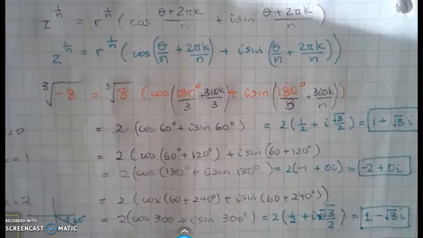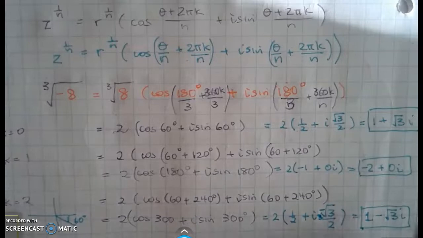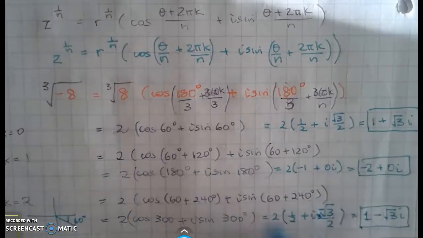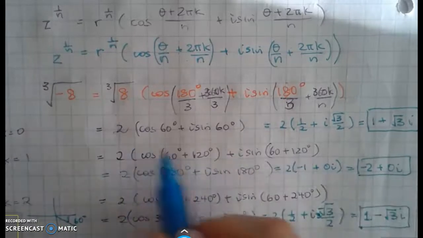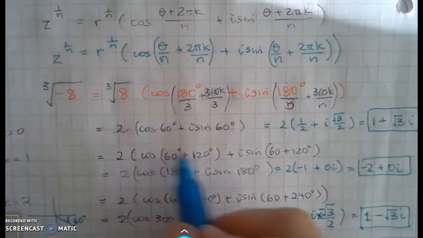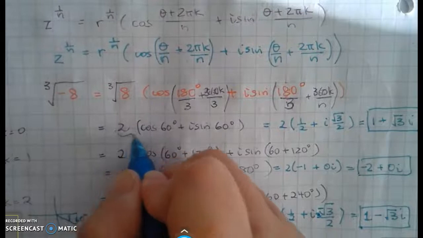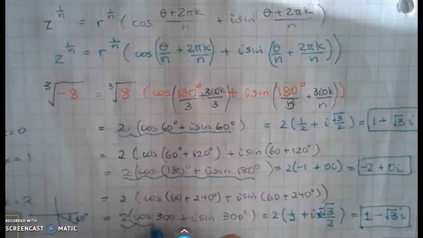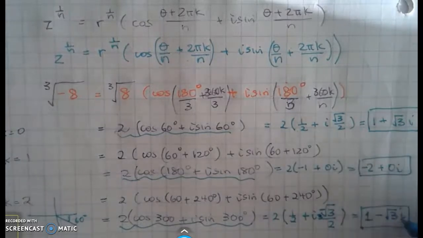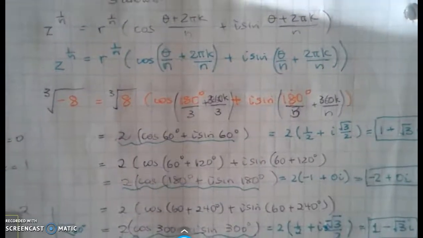Now let's summarize this, and we can write the solutions in polar form. This will be the polar form of the solution, or this will be the rectangular form of the solution.